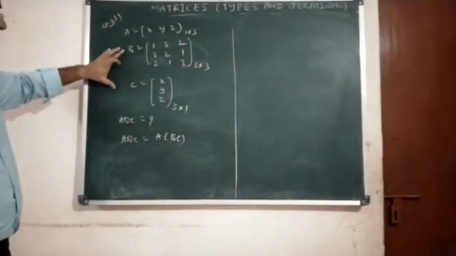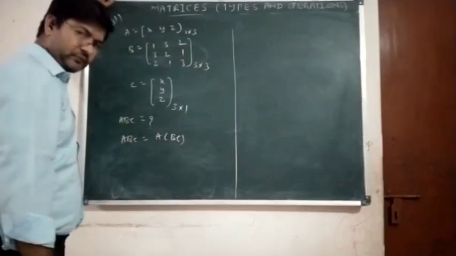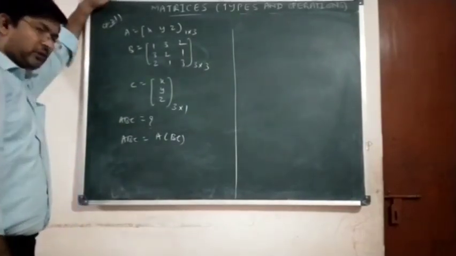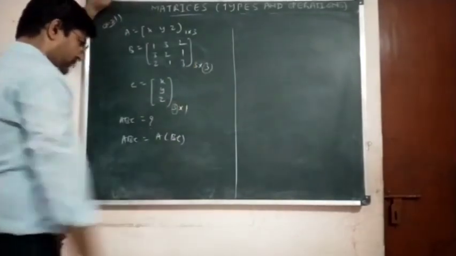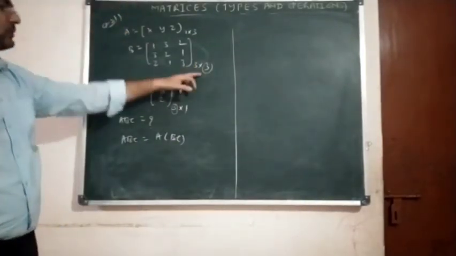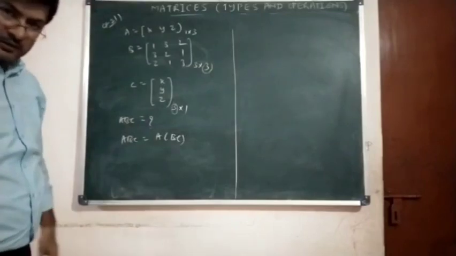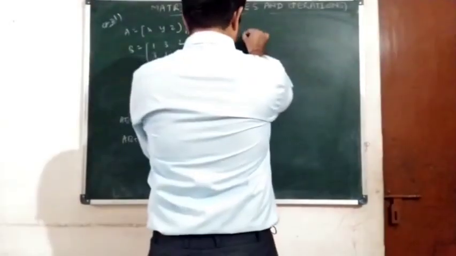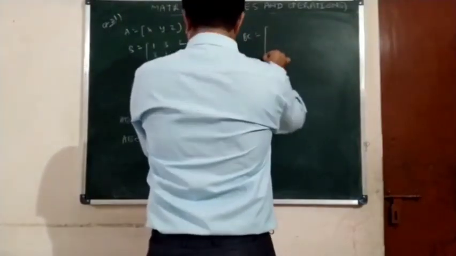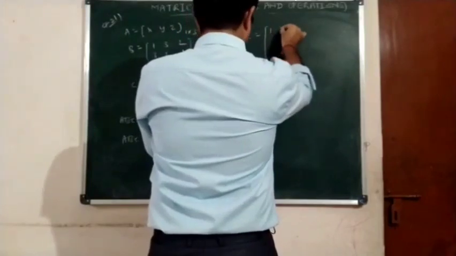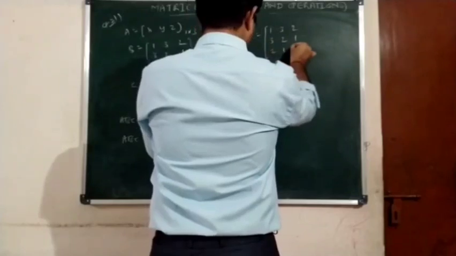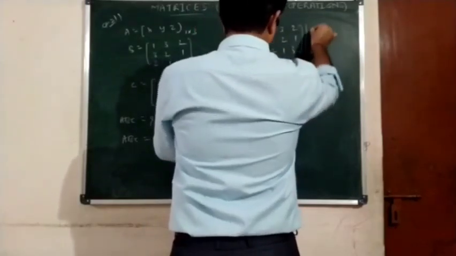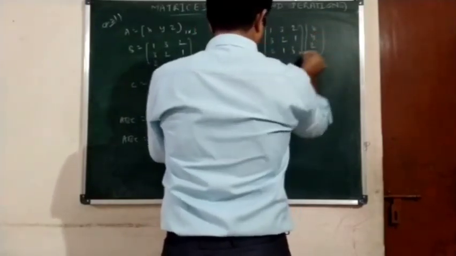For product BC to exist, we know the rule that number of columns in pre-multiplier must be equal to number of rows in the post multiplier. So both are 3, 3, so BC is possible. So let us first find out BC. Product BC, 1 3 2, 3 2 1, 2 1 3 into column matrix X Y Z.